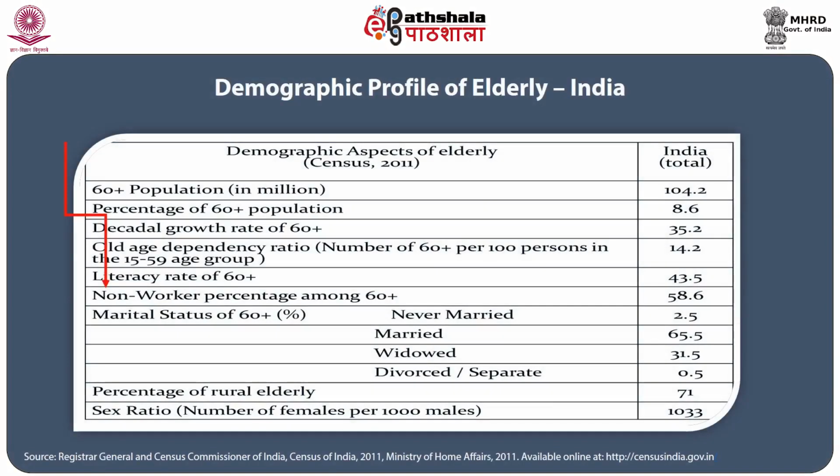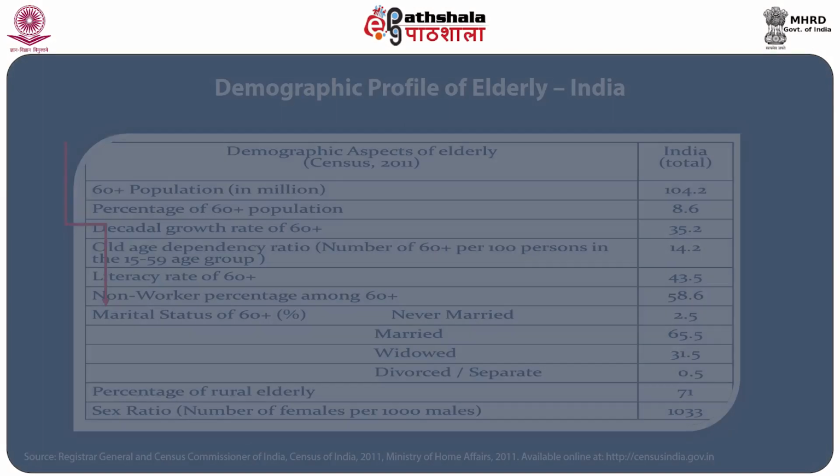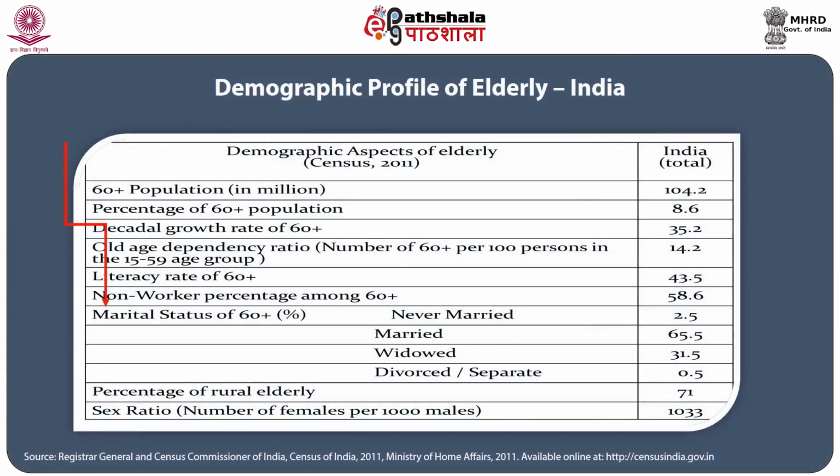Now, coming back to the social component, the other aspect is marital status. Given the universalization of marriage and also the various issues related to widowhood, it is very important for us to know what proportion of elderly are experiencing widowhood, or continue to be single or never married.